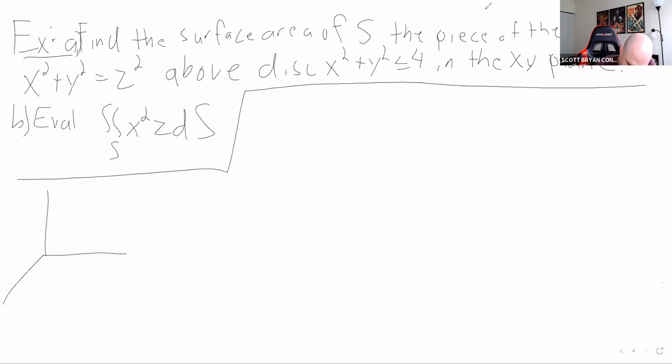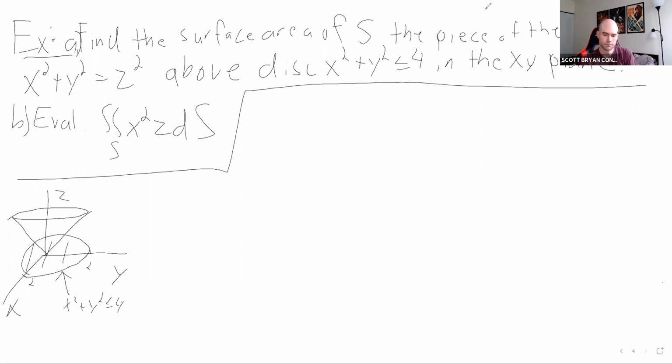So, a quick sketch of the region we're dealing with. It's the cone, z squared equals x squared plus y squared, which is a double cone, but we only want the top half. We want the piece above x squared plus y squared less than or equal to 4 in the xy plane. This is our surface S. Okay, so we want the region above that.